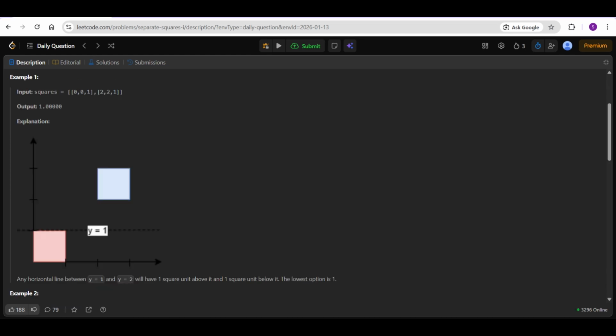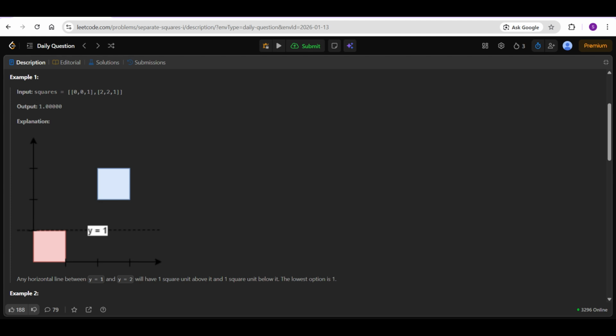Example 1. Let's start with example 1. The input is squares equals [[0,0,1],[2,2,1]]. This means we have two squares, each with a side length of 1. The first square starts at y equals 0, and the second square starts at y equals 2.